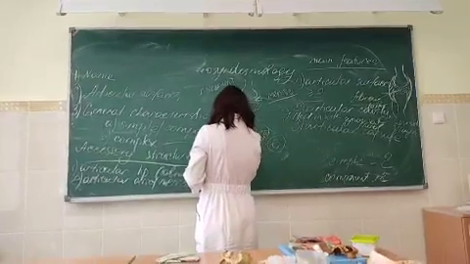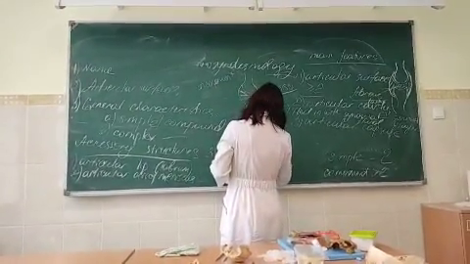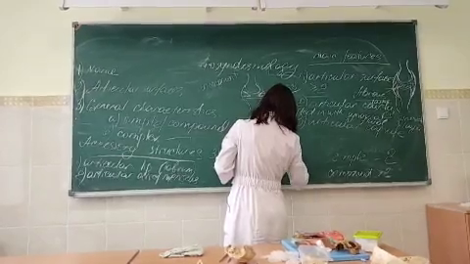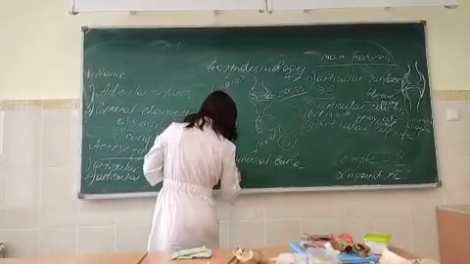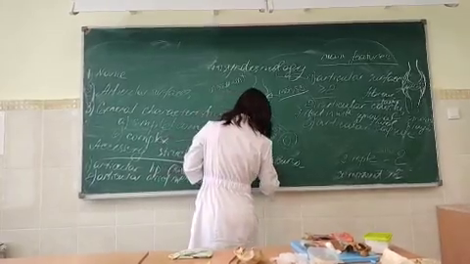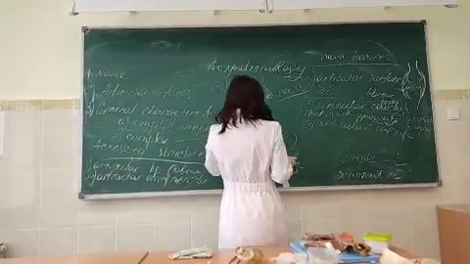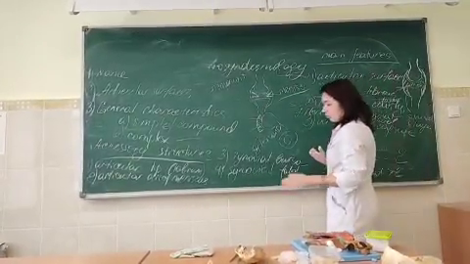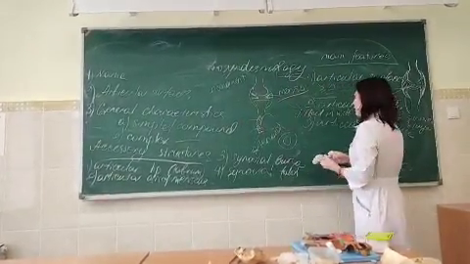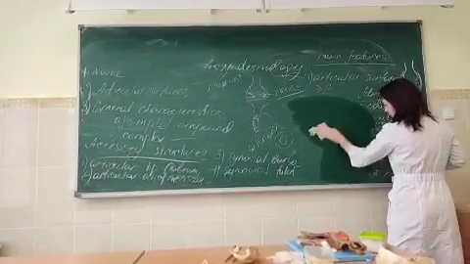The third one is synovial bursa and synovial fold. Usually, as we have already said, the articular capsule is attached to the edges of articular surfaces, but not always.